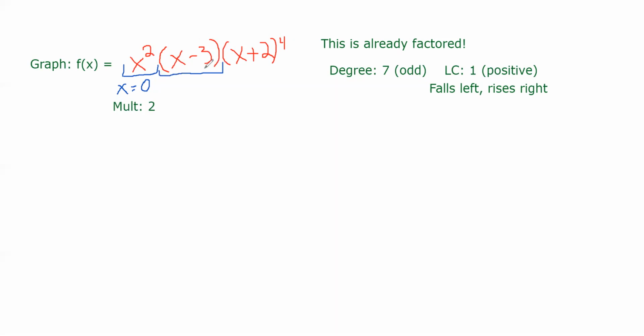Over here, x minus 3, this is actually a root of x equals 3. And then you can see up here, there's no power written, which means there's an implied power of 1. So this is going to have a multiplicity of 1.